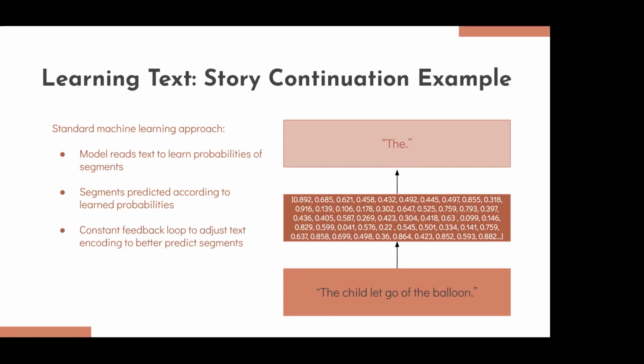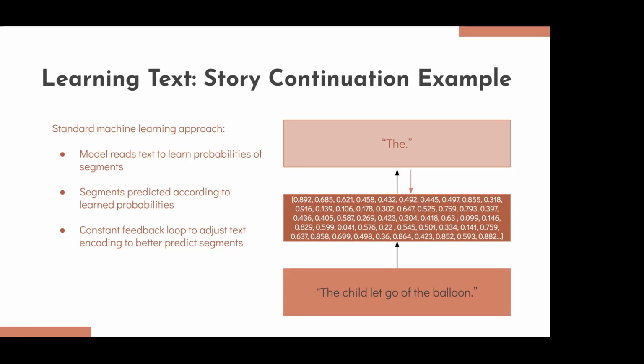When your model first sees this, it's seeing this alongside some segment in the text that might be something like the balloon flew away, but it makes an initial prediction and it might just produce something which is not very close to what it's actually seeing in the text. So it needs to adjust this big vector, this encoding, in order to make a better prediction, one that looks more like the balloon flew away.